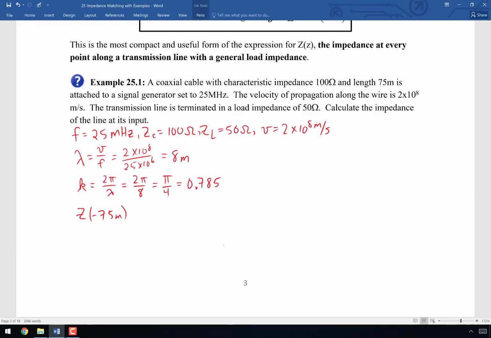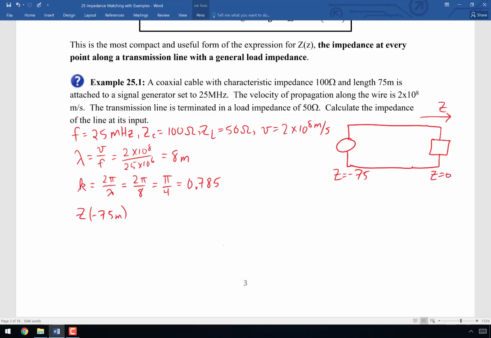Because remember that over here we have the load, whatever the load is going to correspond to z equals 0. And if the line is 75 meters long, then whatever is at the other end of the load is going to be z equals negative 75. So z is increasing in this direction, but we've defined z equals 0 to be at the load, so we have to say z equals negative 75 at the input.